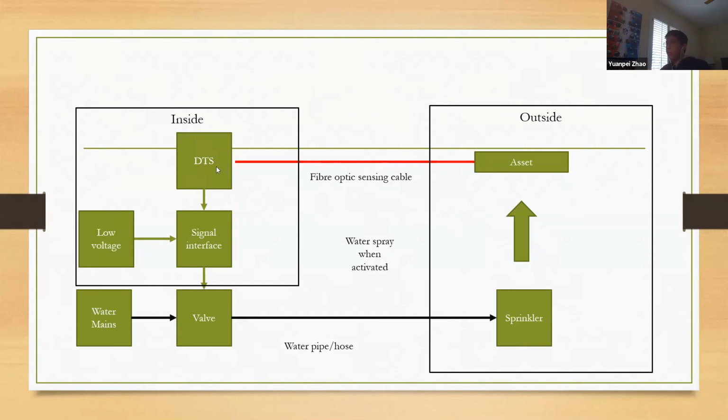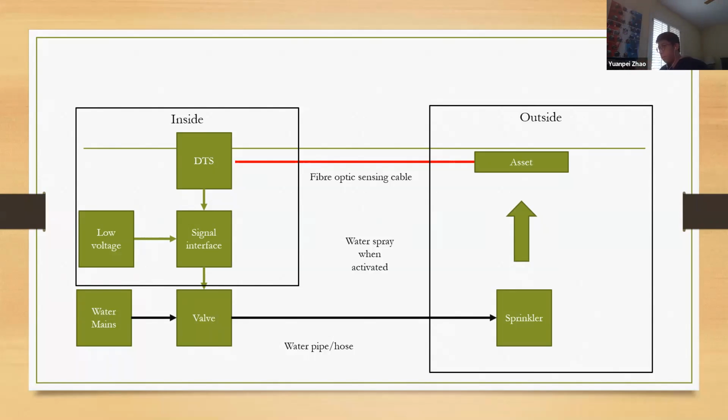If it's considered a serious threat, it's going to trigger, using a signal interface, the valve and the water mains. The water tank, which shares the same water source as the gardening sprinklers, gets triggered, and then the sprinklers are activated and spread water on the roofs, on the ground, and on the pavement to ensure that the house is safe.